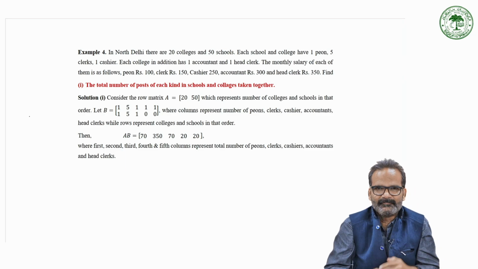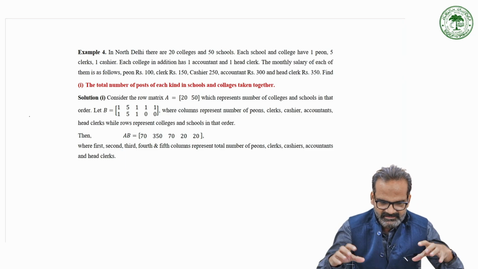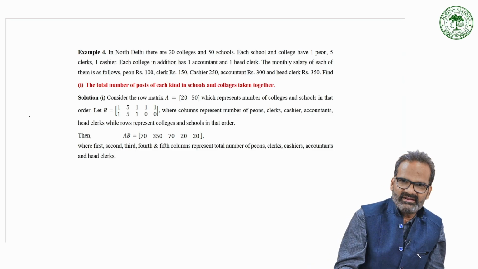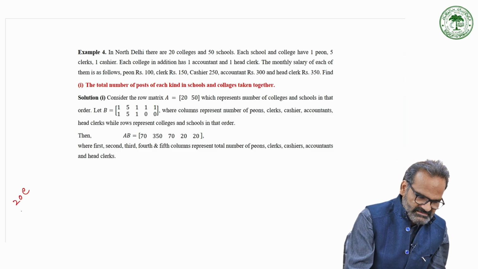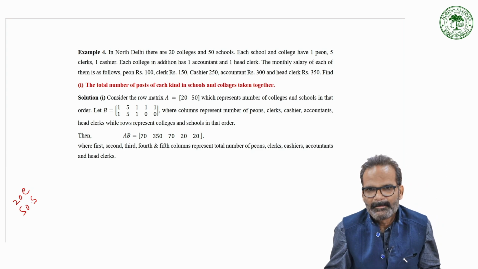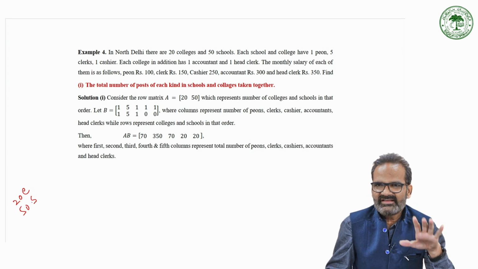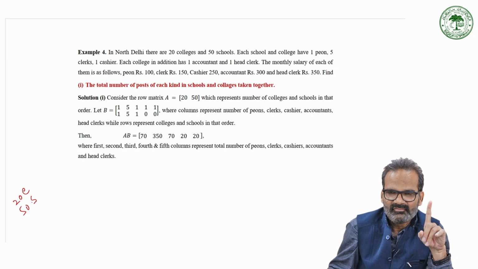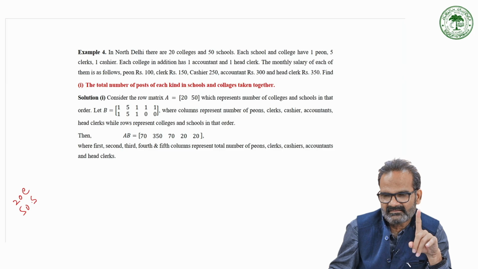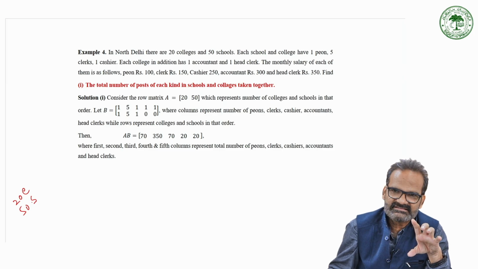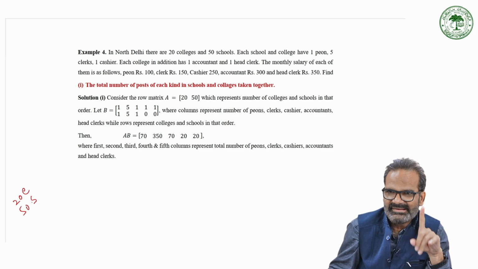So what is given here? In North Delhi, there are two categories: 20 colleges and 50 schools, right? Each school and college has 5 types of employee: one peon, 5 clerks, one cashier. Each college in addition has one accountant and one head clerk.